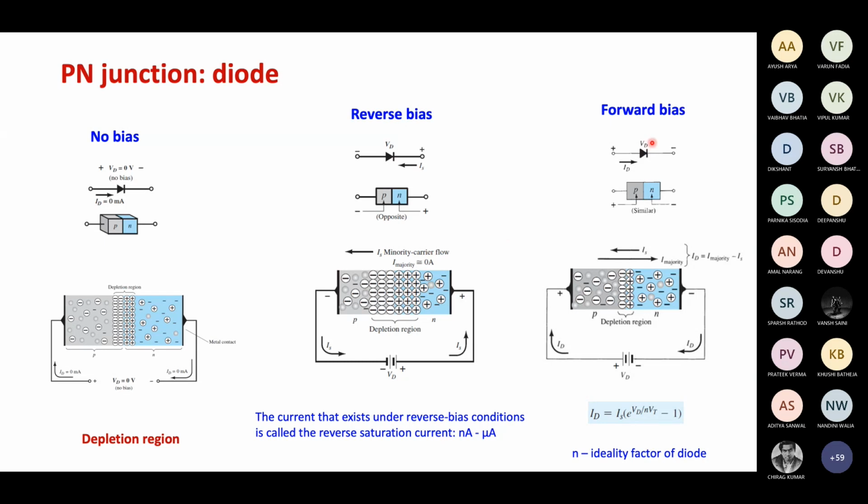Understanding a BJT or a MOSFET becomes very easy. So it's like a one-time investment to understand a PN junction, and once you thoroughly understand this, semiconductor device physics becomes tractable.